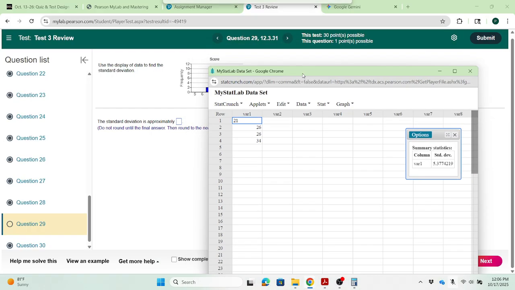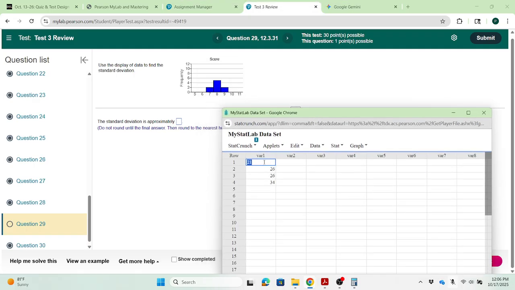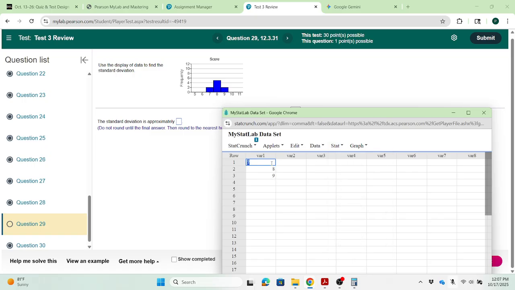If I want to use the standard deviation calculator, I have to write down this data manually: 7, 7, then 8 five times, and 9 twice. So this is the total data.